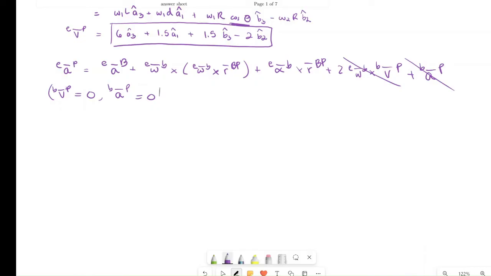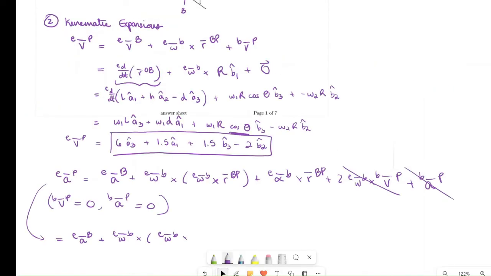Okay. Now we do start getting to the muddy parts. So this is equal to the acceleration of B and E plus the angular velocity of B and E cross the angular velocity of B and E cross R BP.